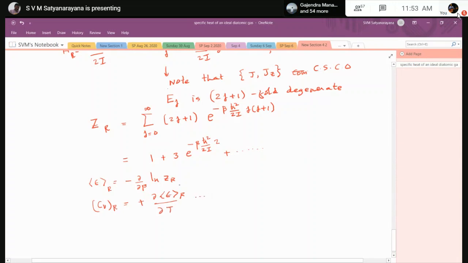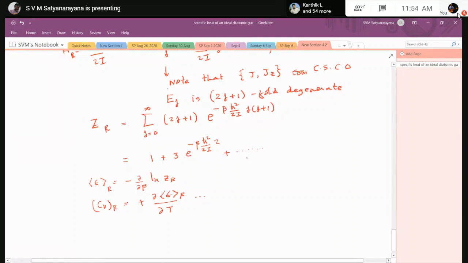It will be an infinite series, but if temperature is very small, then beta becomes large. Then because I have e to the minus beta, these terms become smaller and smaller as you go to higher and higher terms in this series. So I will be able to truncate the series at some point, such that I will get the experimentally observed result.